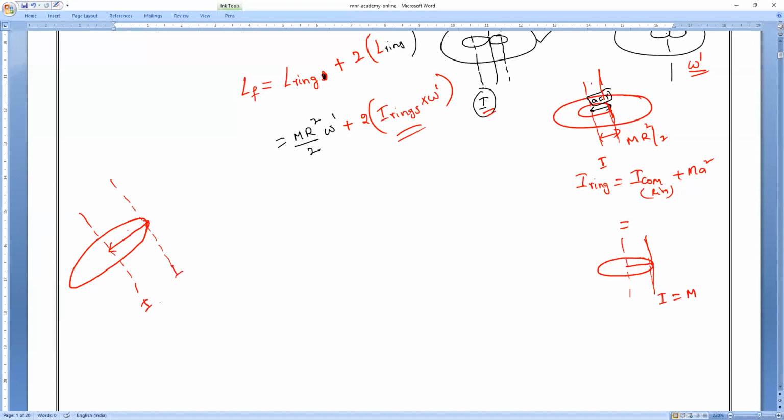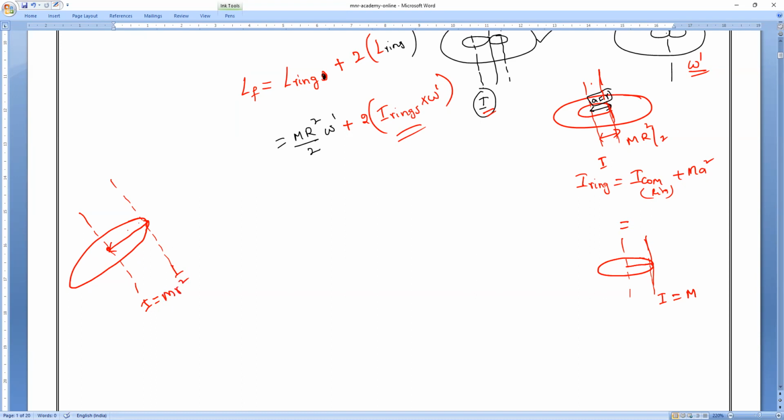If the axis is at the center of mass, we know the moment of inertia. What is it? Exactly at the center of mass it is passing, so it is M R square.